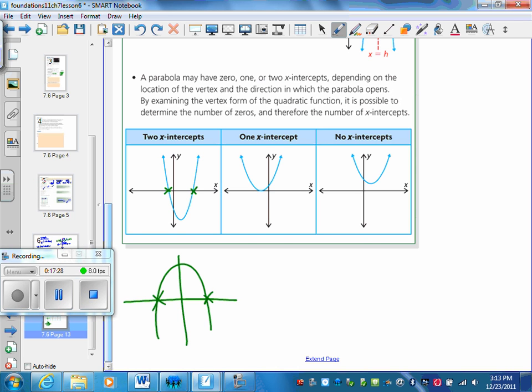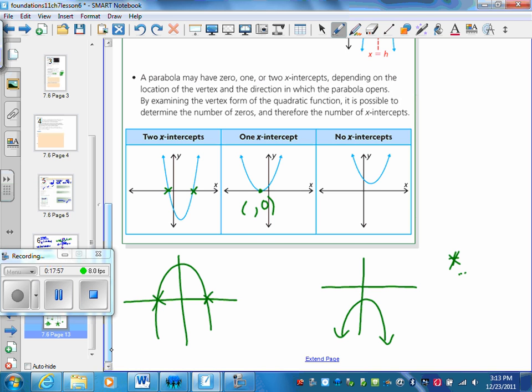I might have 1 x-intercept if my vertex is on the x-axis, in other words, if the y-coordinate is 0. And I could have no x-intercepts if it's concave up and my vertex is above the x-axis. Similarly, if it's concave down and my vertex is below, I could have no x-intercepts. This is just another concept that's going to come up later.